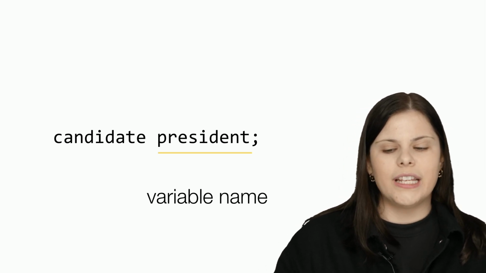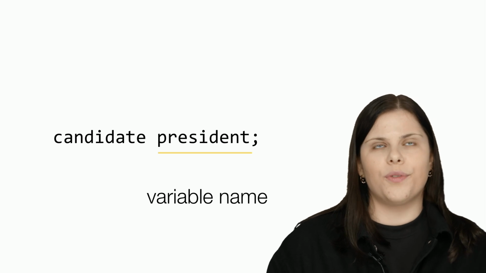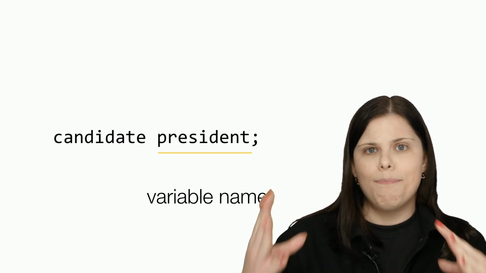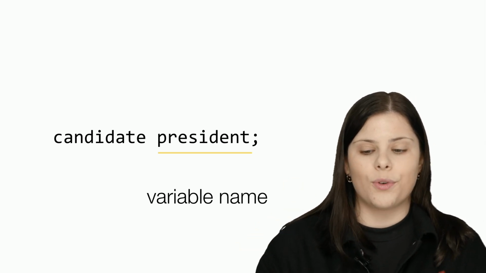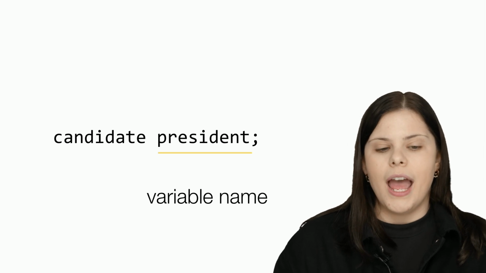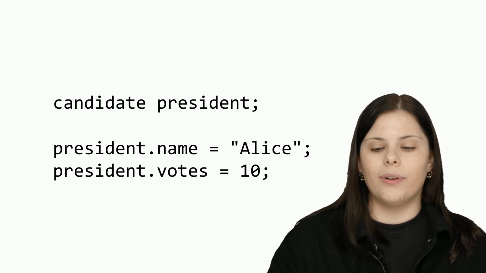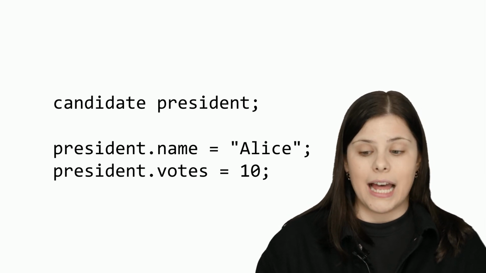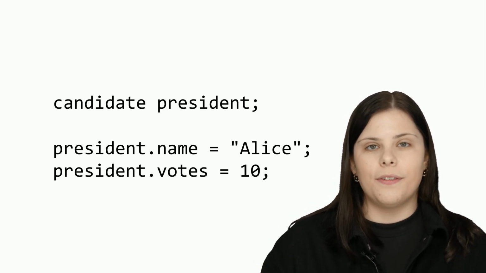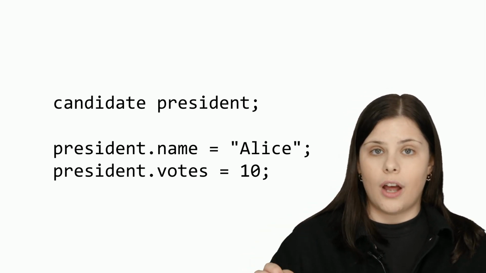And how do we actually access these elements, right? So right now you can imagine we created this box that is called president, some sort of variable where we're going to store something. How do we define our attributes? So let's consider this. For example, if our president's name is Alice, the way that we access those specific attributes is by using this dot notation.